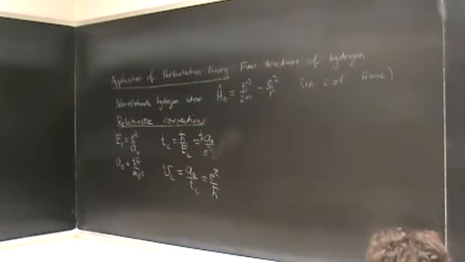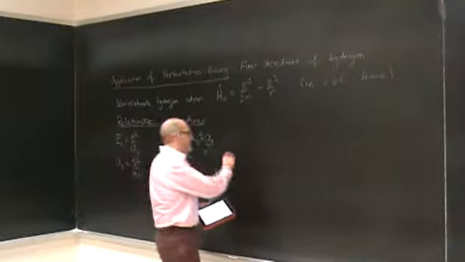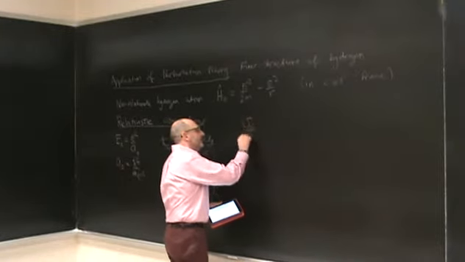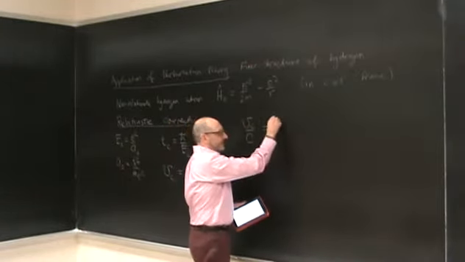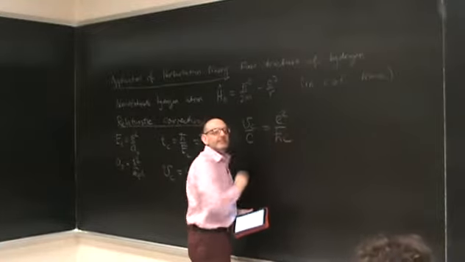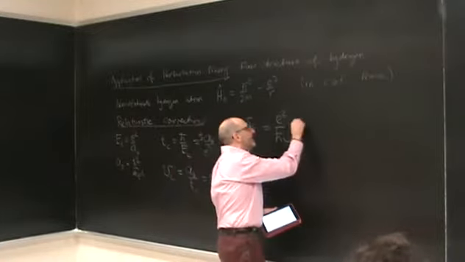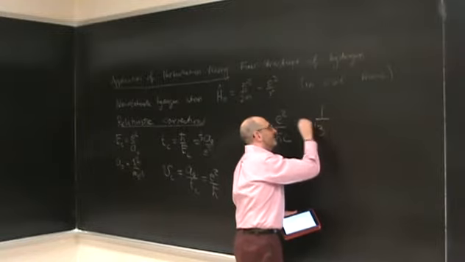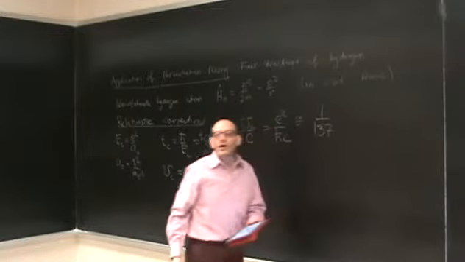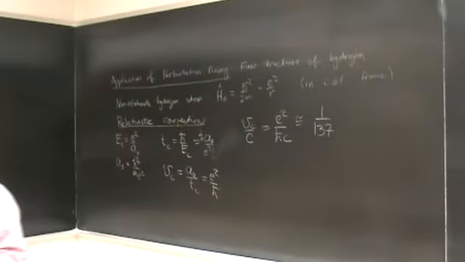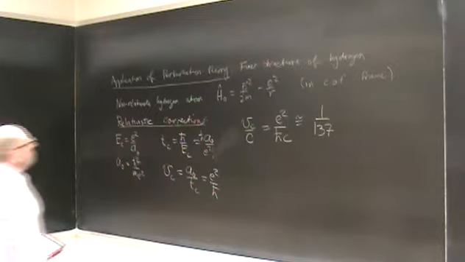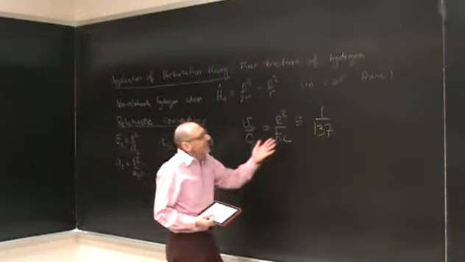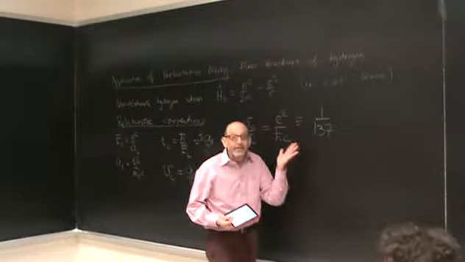Okay, so that's the characteristic speed. How big is that? Relative to the speed of light, that's a dimensionless constant, and that speed is approximately 1 over 137th of the speed of light. So it's not moving at the speed of light, but it's moving pretty darn fast.